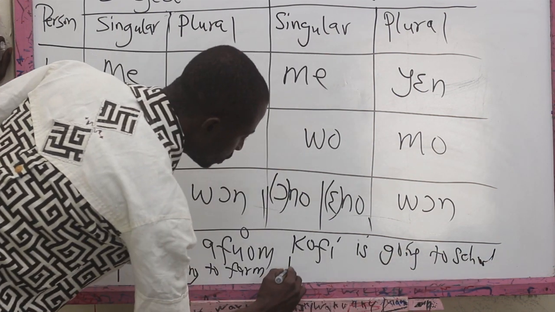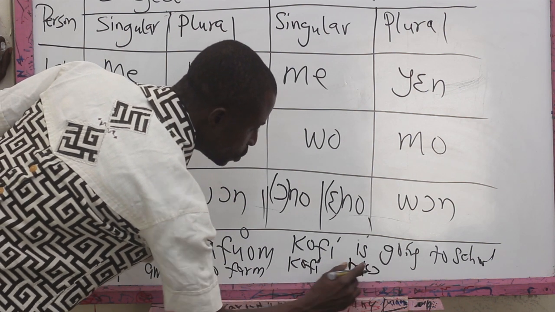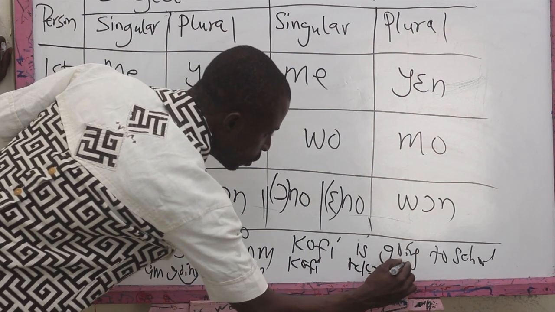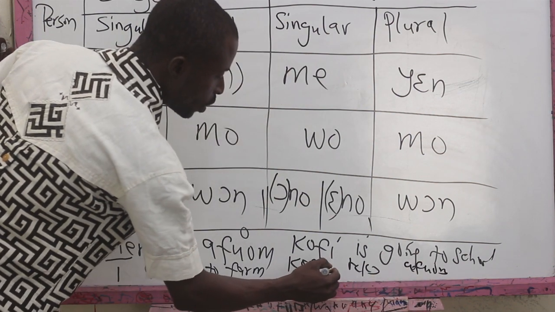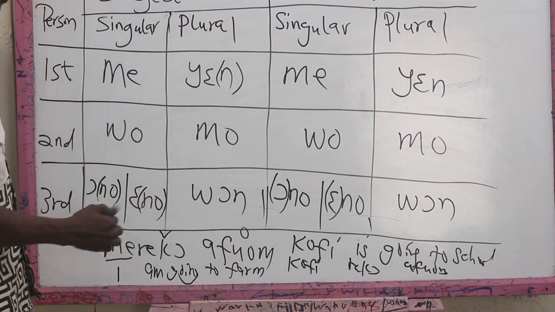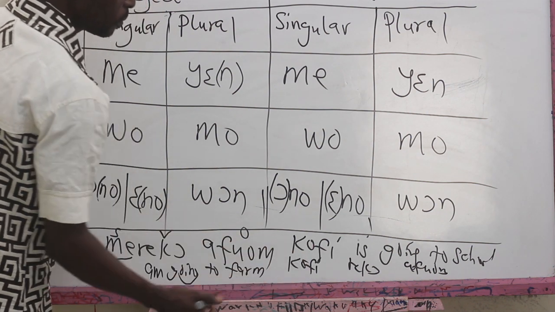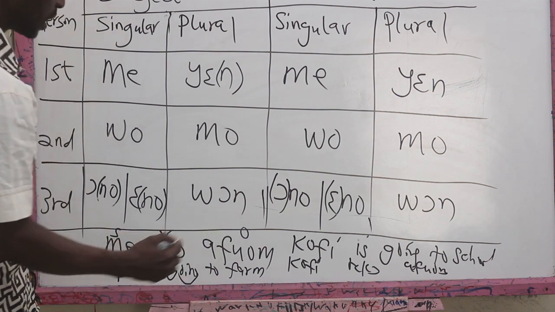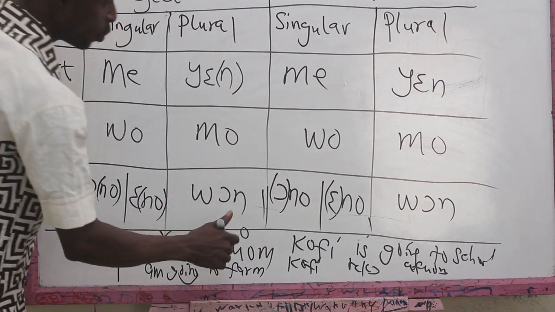In Twi you write Kofi reko efuom, you separate it. But if you are putting a pronoun in place of Kofi, you just say oko. Oko, you write it together.